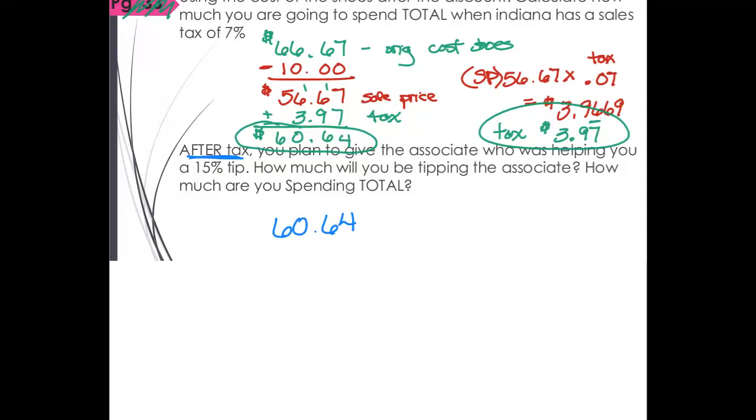After tax, you plan to give her a 15% tip. How do I calculate and how do I find the amount of my tip? Times 0.15. And when you put that together, what do we get?